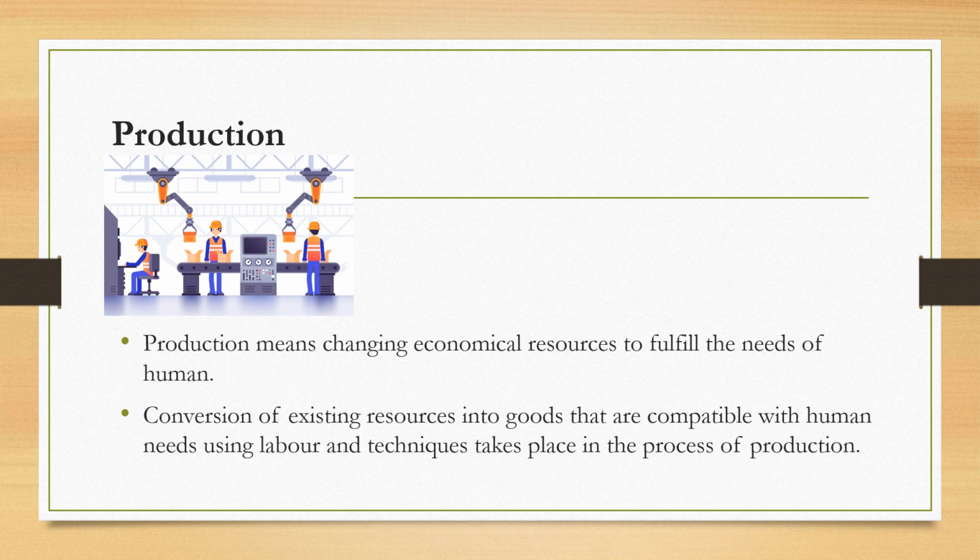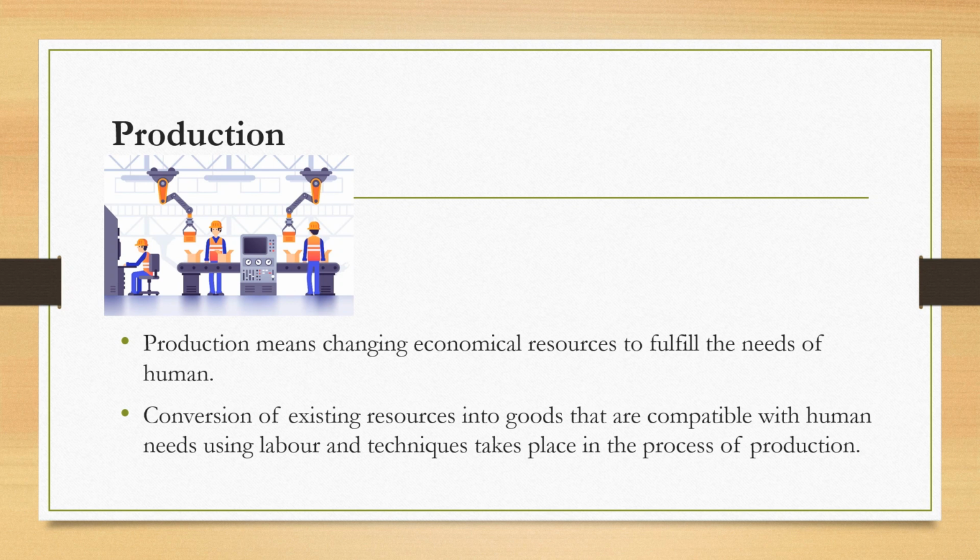Unless they are changed, we cannot use them. For example, we see a tree. If you want to have furniture in a house, the tree should go through a certain process. That means production. That is the process of production.